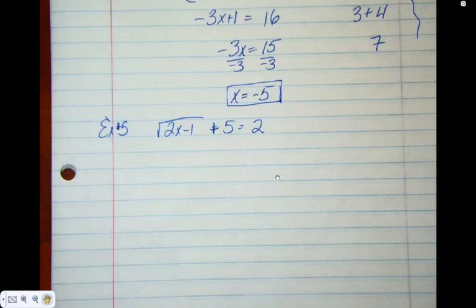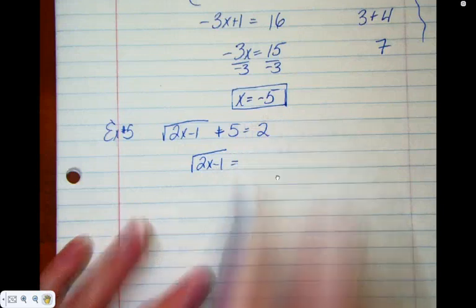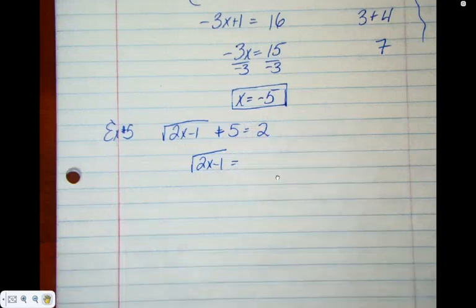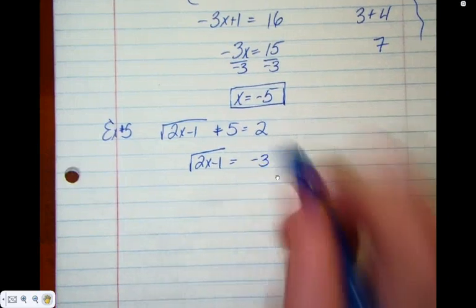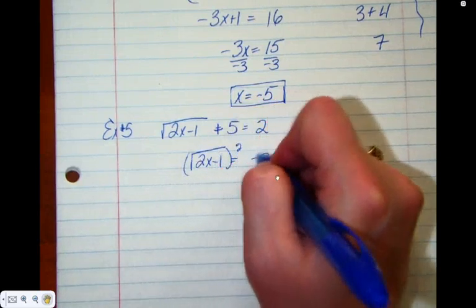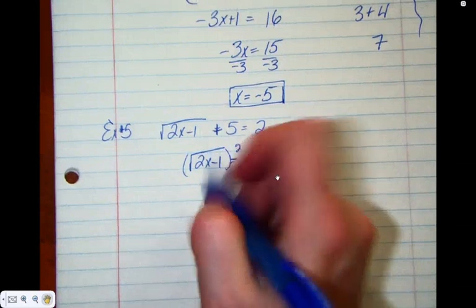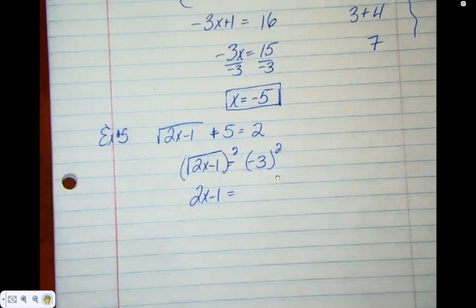How do I get rid of the plus 5? Okay. What do we have on the right? Step number 2. And be careful with the brackets here, because that negative and the 3 needs to get squared, so the whole side. If you just put a square without brackets, then you're doing negative 3 squared. So left is 2x minus 1.